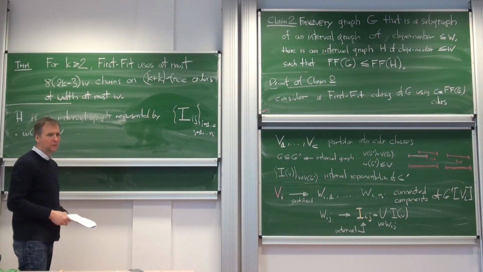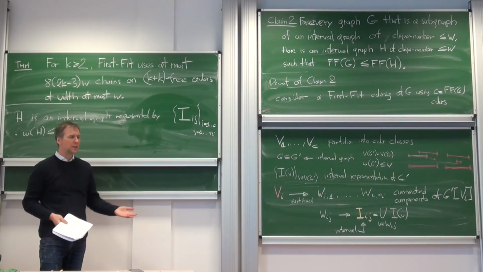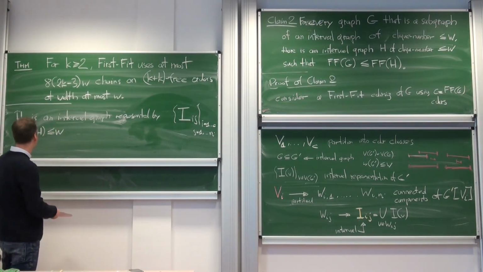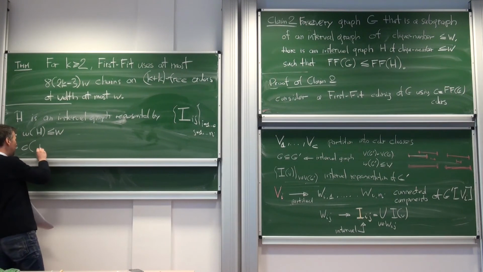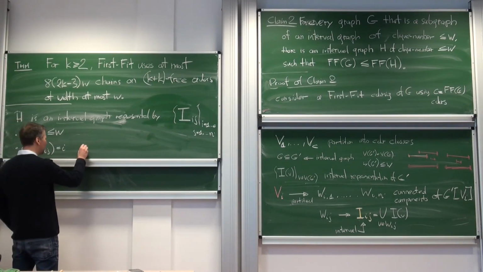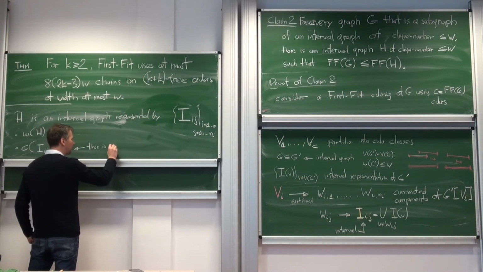So we will build a first fit coloring that is inherited from our initial first fit coloring. We can just define it ahead. The color of an interval I_ij is just i. So we claim that this is a first fit coloring.